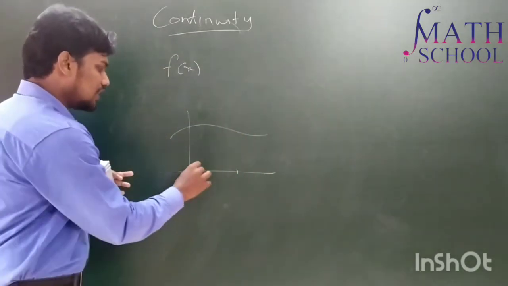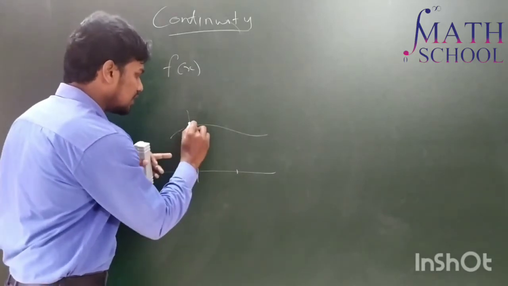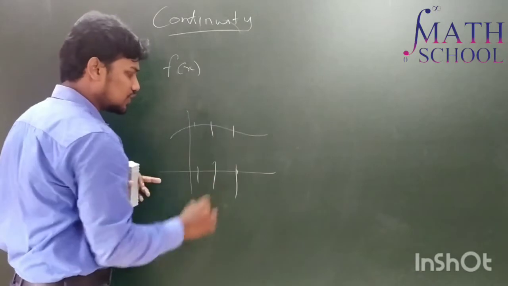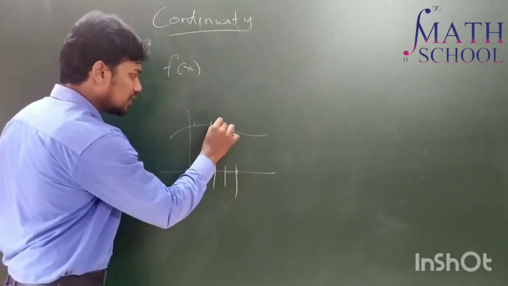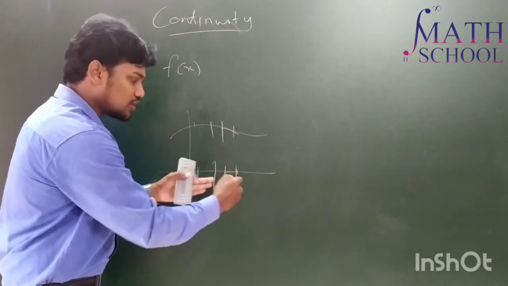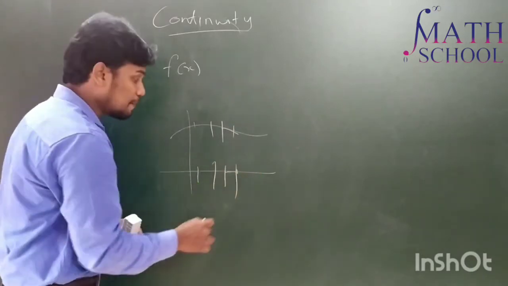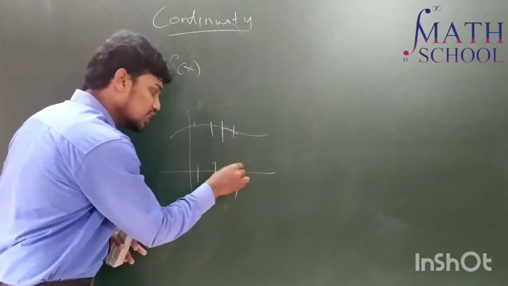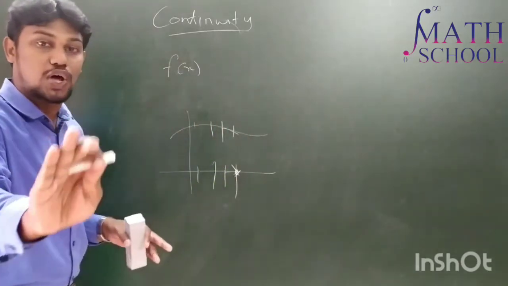or not? Within this interval the curve is continuous. Within this interval the curve is continuous. So I am breaking this domain into smaller and smaller pieces, and finally I end up with a single point. At this point, is the function continuous or not?